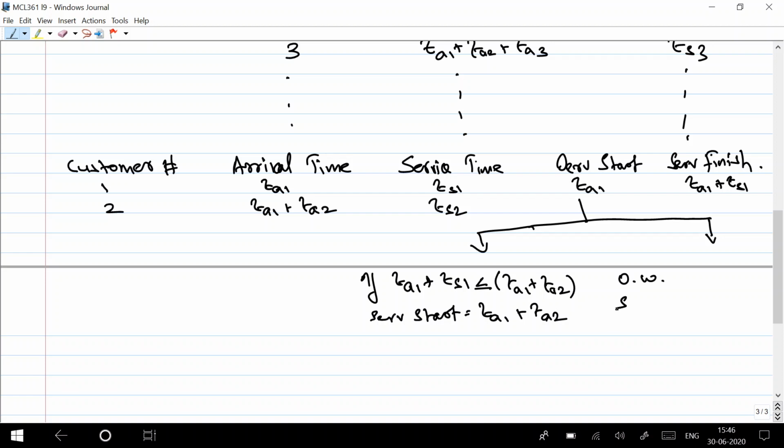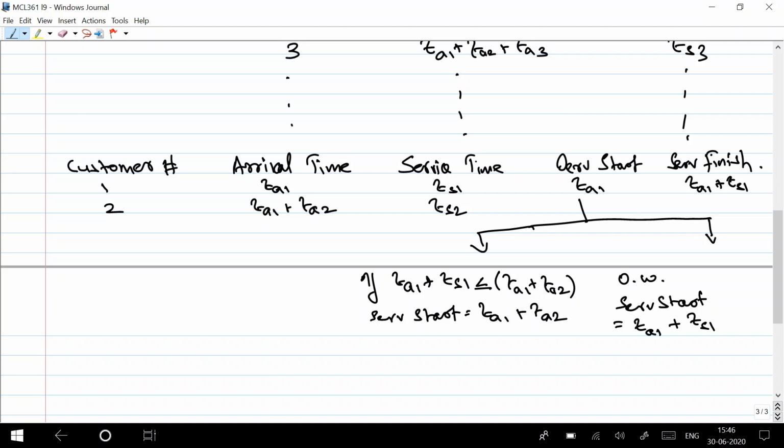Otherwise, service start for the second customer is going to be TA1 plus TS1. Sorry, slightly confusing notation, I know. So you have to check whether the arrival time of the second customer is greater than or equal to the service finish time of the first customer.